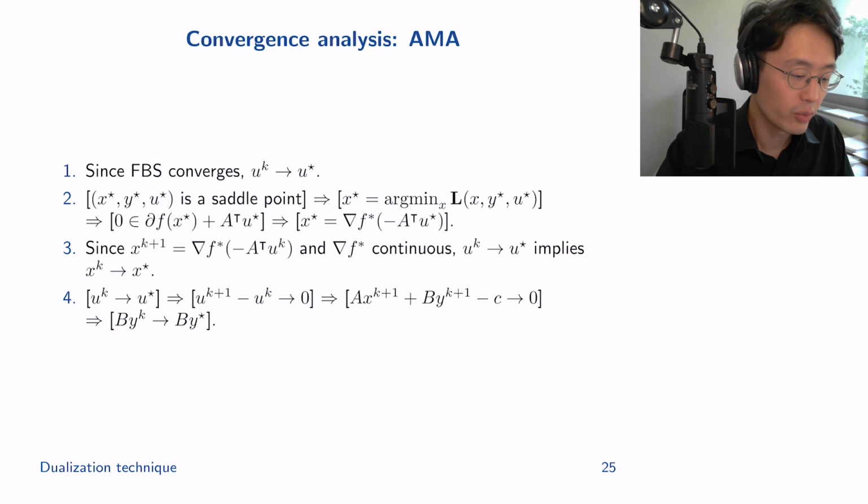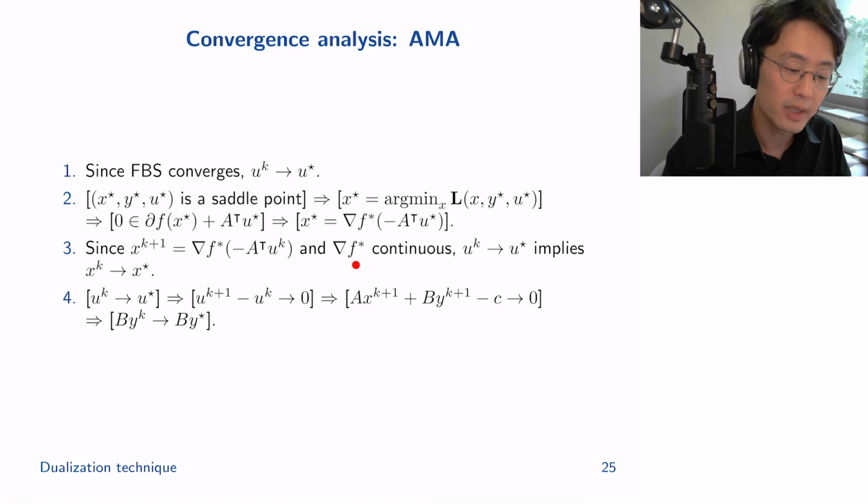Then in the next step, we recognize that the definition of xk plus 1 can be written as grad of f star of minus A transpose uk. In the algorithmic description, we wrote xk plus 1 as the argmin of the Lagrangian. But if we actually write out the optimality conditions, we can alternatively express xk plus 1 in this way.